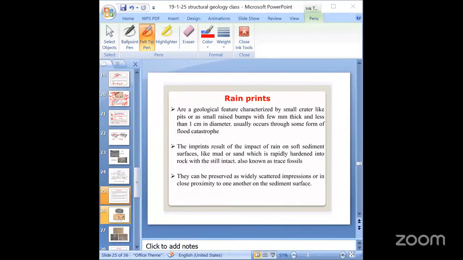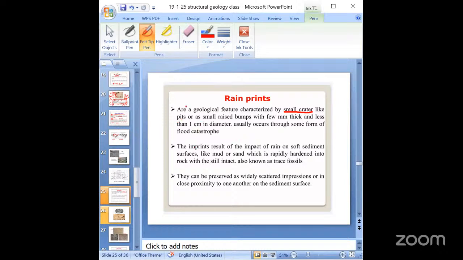Now we are going to go to raindrop imprints, right? These are irregular or small crater-shaped depressions with slightly raised edges seen on fine grained, remember, fine grained dried soft sediment surfaces.